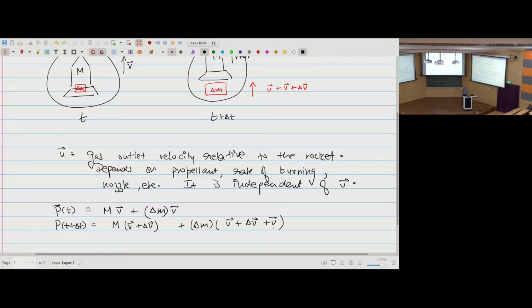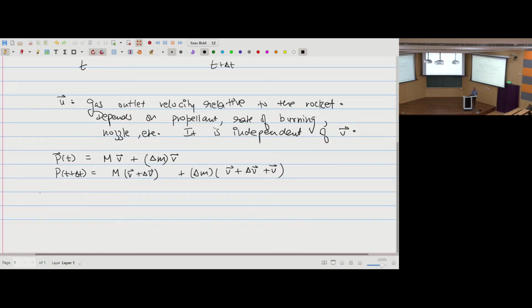You have to remember what mass particles you have taken. We obtained this from the law that the force acting on one particle is equal to mass times acceleration of that one particle. If you remember how we get these things, then the confusion will not occur. Let's find dp by dt.